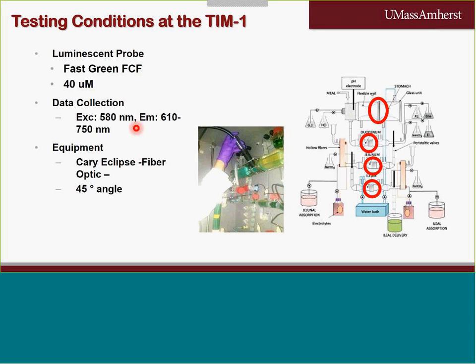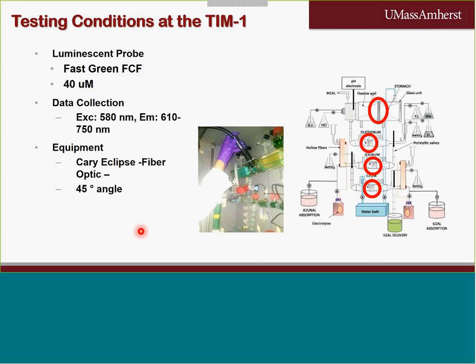We performed all the measurements on a Cary Eclipse equipped with a fiber optic, which allowed us to make measurements in each of the compartments of the simulator of the digestive system. We were lucky enough that all these compartments are made of glass, so we didn't have any problem with that.